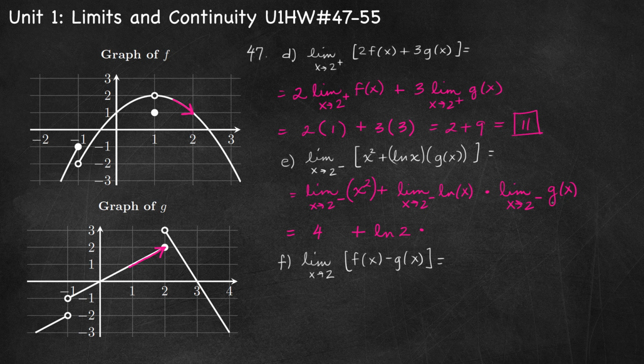So the limit as x approaches 2 from the left of g of x is equal to 2. So this is going to be 4 plus 2 times the natural log of 2, which we could also rewrite as 4 plus the natural log of 2 squared, or 4.